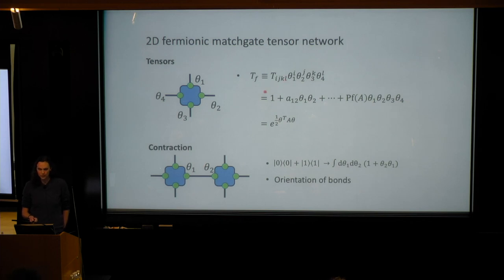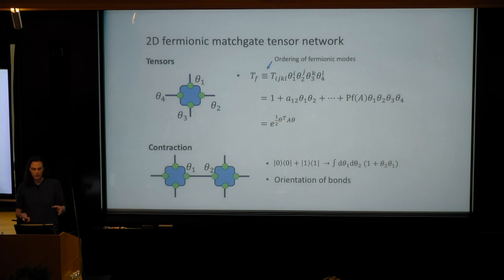You just take the tensor and associate fermionic modes to all indices. Now, since Grassmann variables are not commuting, you need to specify the ordering of these fermionic modes. So if I just say I associate fermionic modes to the indices, this is not a well-defined map, because it depends on the order in which I associate the modes to the vertices.